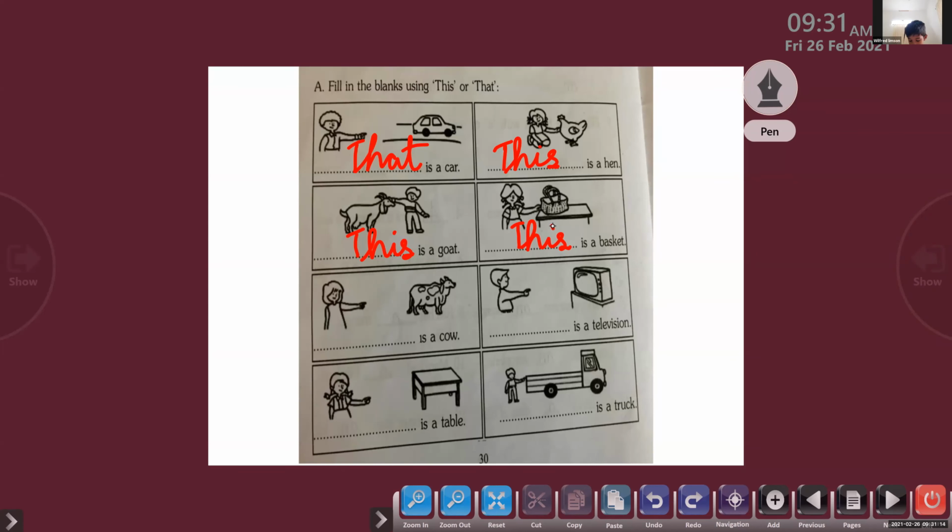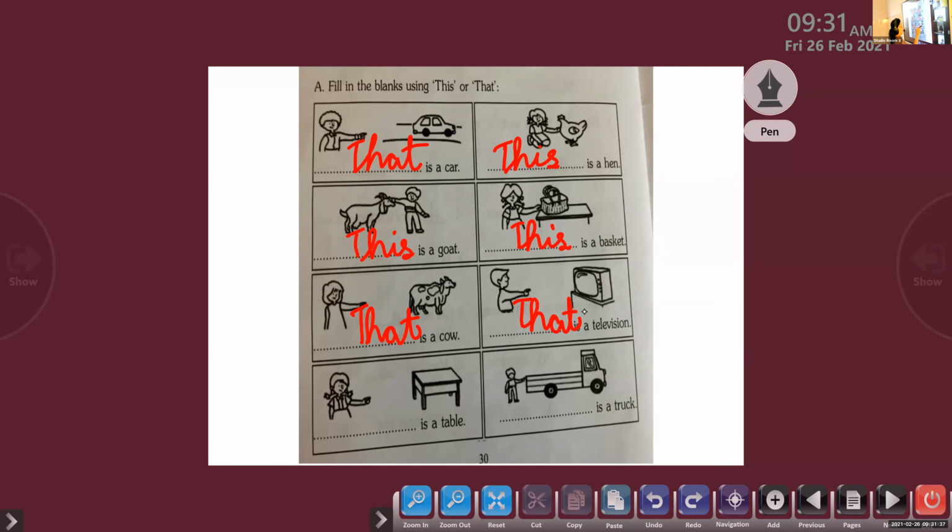That is a cow. Perfect. Thank you. Madhav, unmute. The man and the television. That. Very good. That is a television.